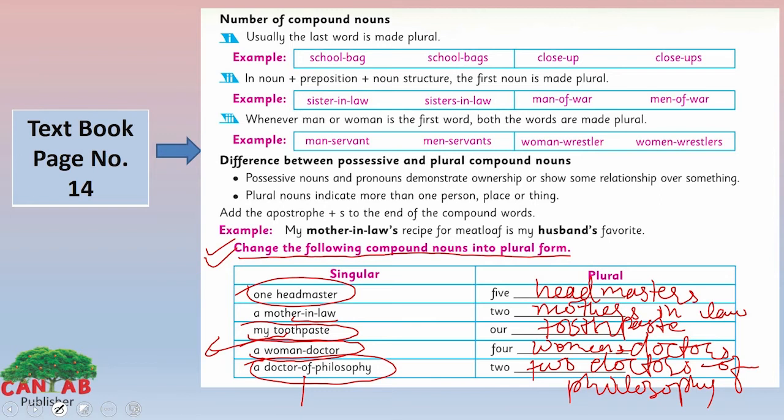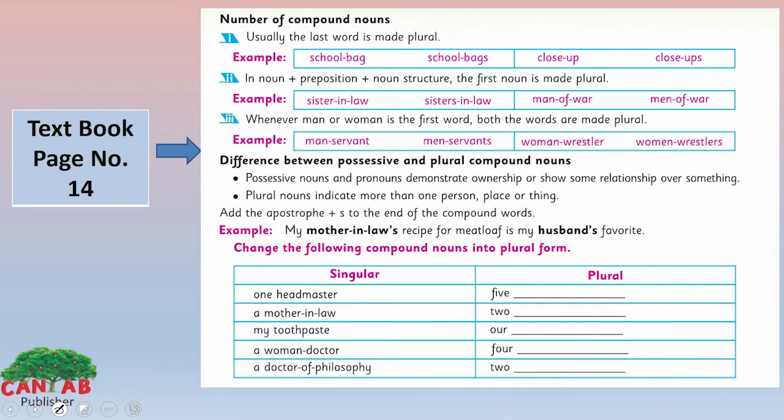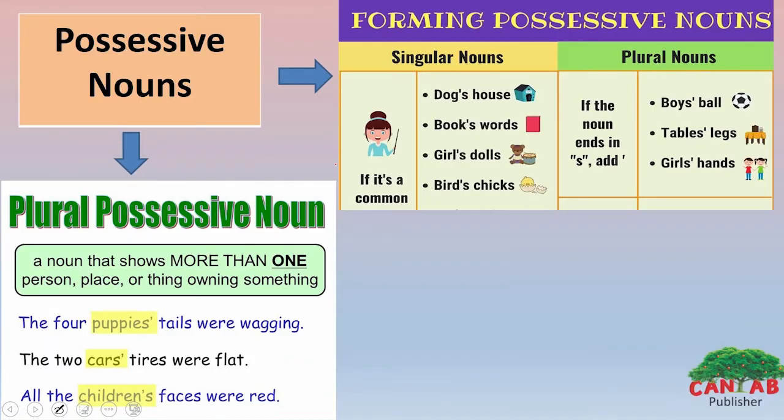Good. Now, look at the possessive and plural compound nouns. Here, what are the possessive nouns? Let's discuss it first. Possessive nouns, a noun that shows more than one person, place, or thing owning something.